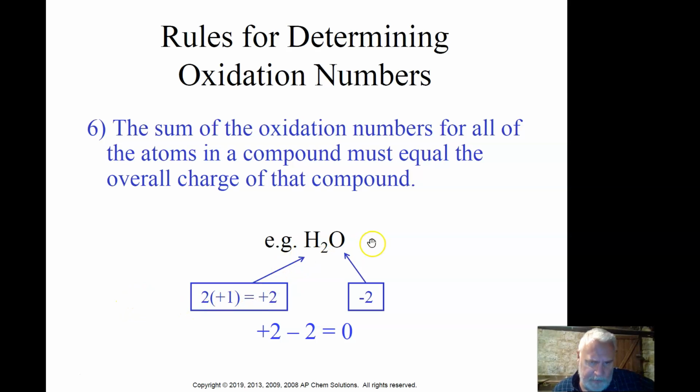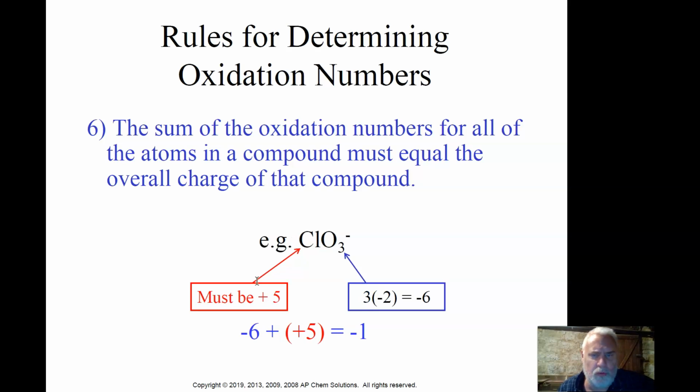Now, something as simple as water, you want to assign oxidation numbers as a single unit. You'd want to say this hydrogen is +1 because hydrogen is always +1 and that oxygen's -2. But if you total these up, they have to equal 0 because there's no charge on the thing. That's why a lot of times I like to put a little circle around the oxidation number itself so you can be clear about what you're talking about.